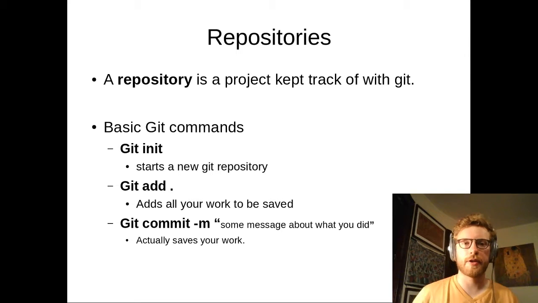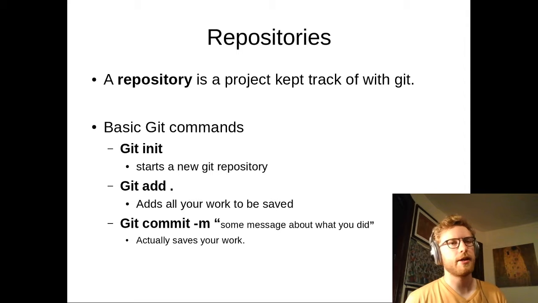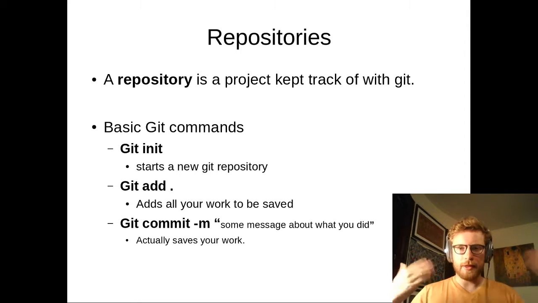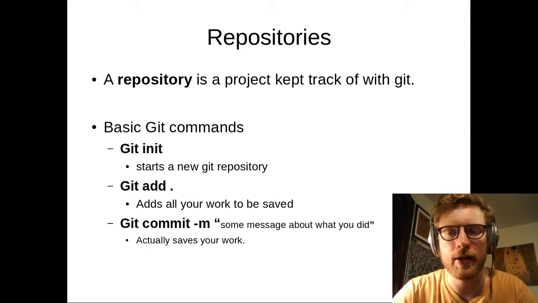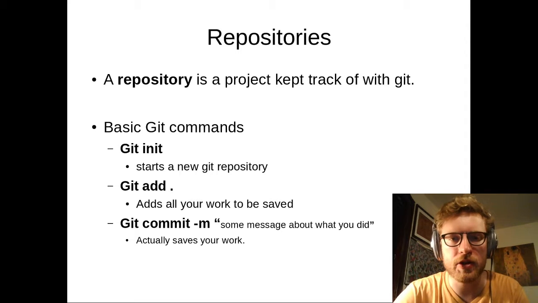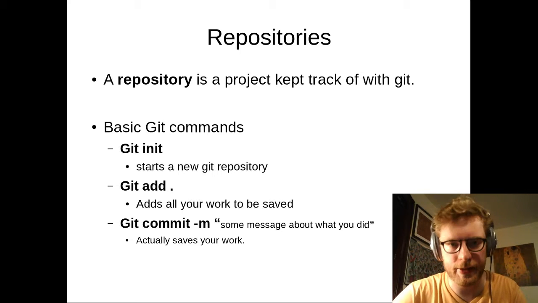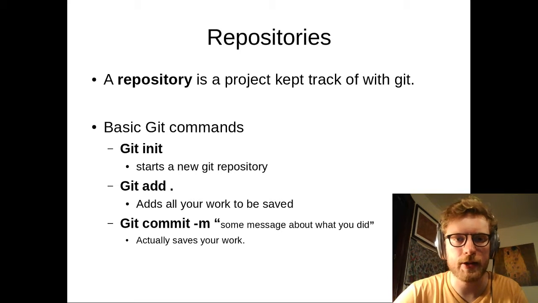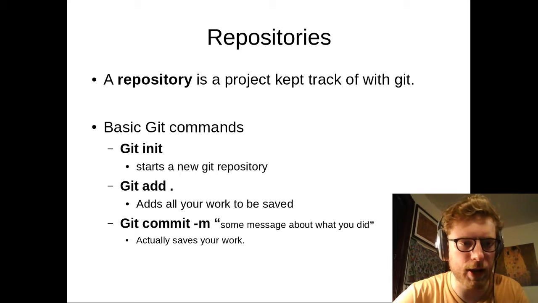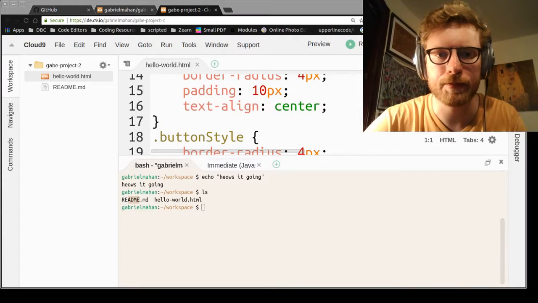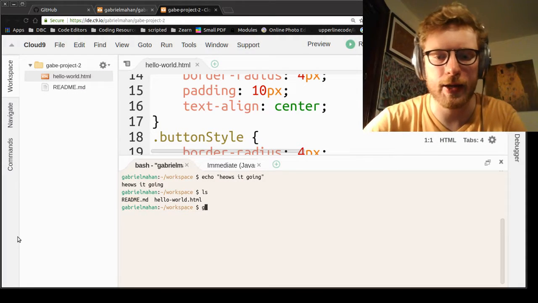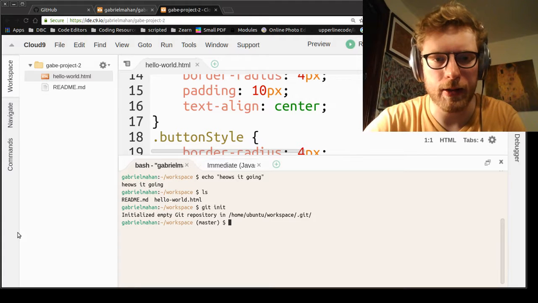Alright, so now here comes the good part where we actually can see how we use the terminal for a real application and to use Git. So to start a basic Git repository, we need this command called git init. Alright, so I'm going to show us how this works right now. So if I go back over to Cloud9, I can type git init.